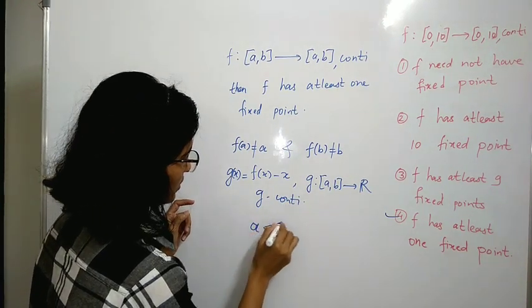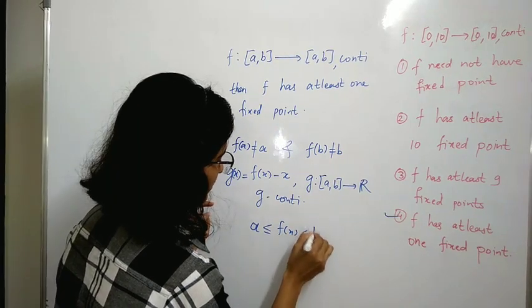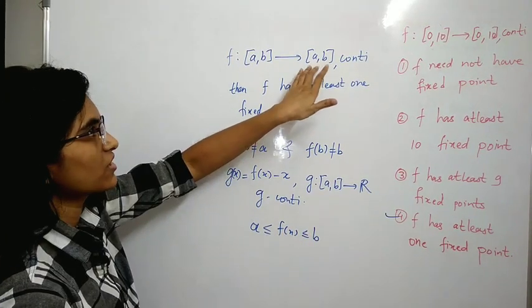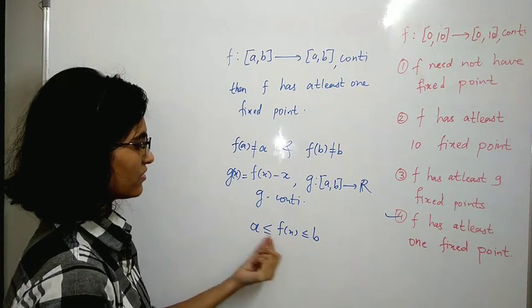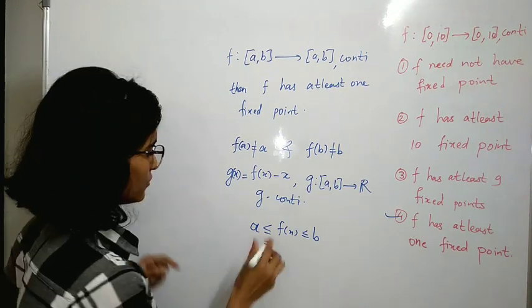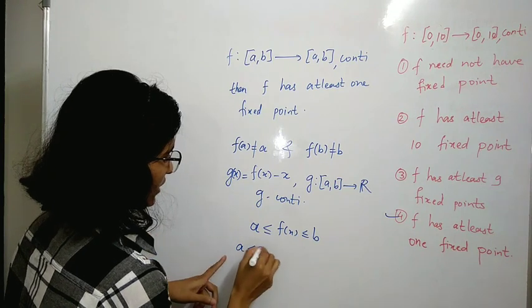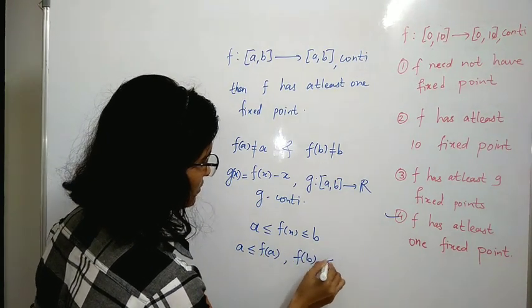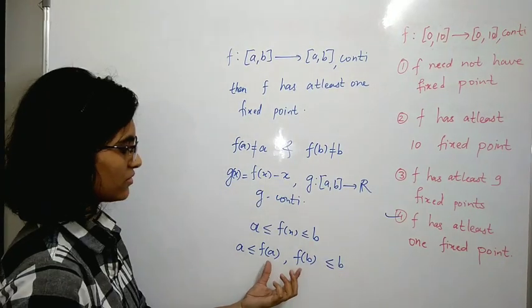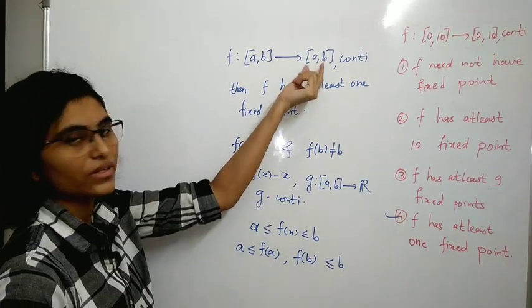Since the range is just the closed interval [a, b], we have a is less than or equal to f of x, which is less than or equal to b. So a is less than or equal to f of a, and f of b is less than or equal to b, right? Because the range is just between a and b.